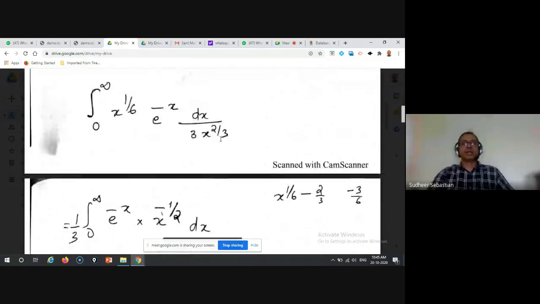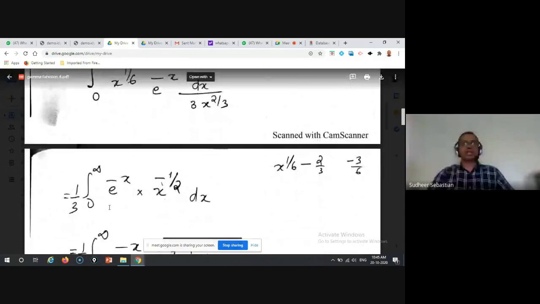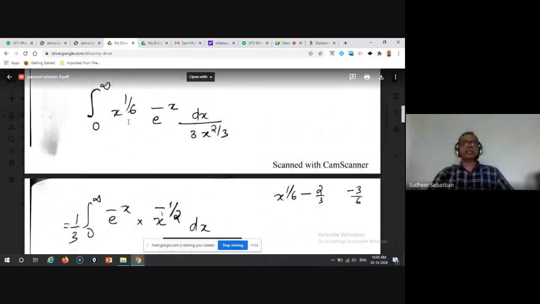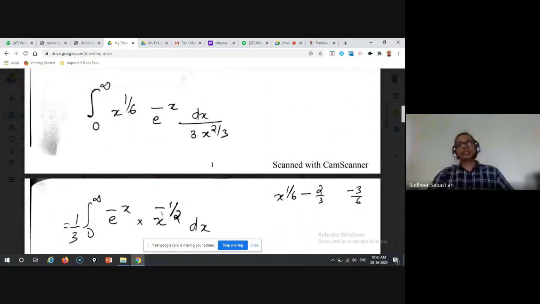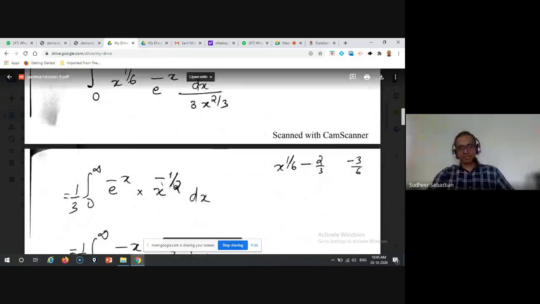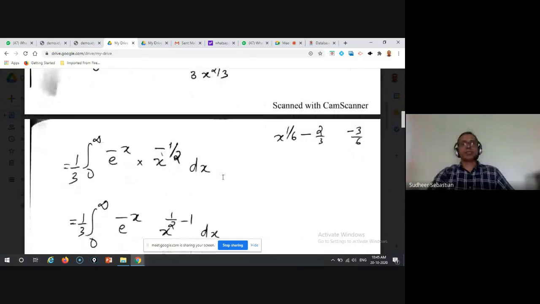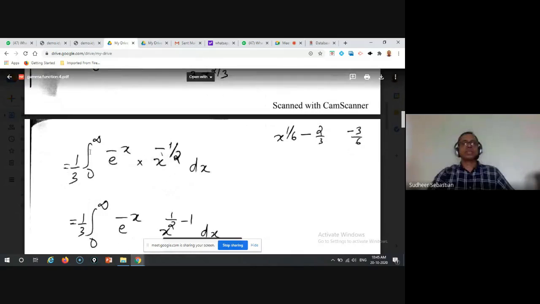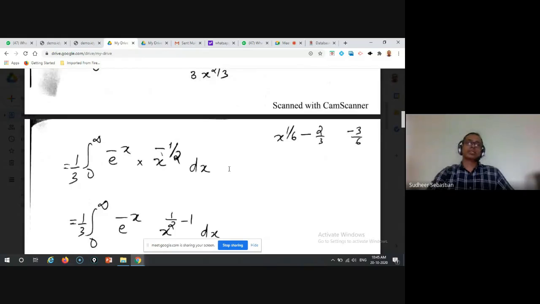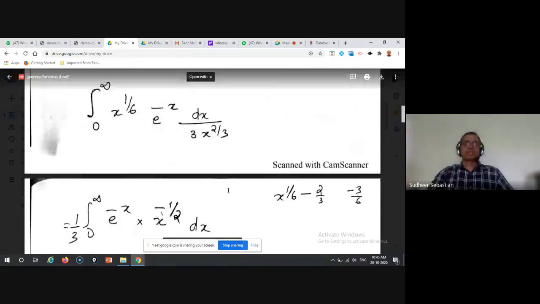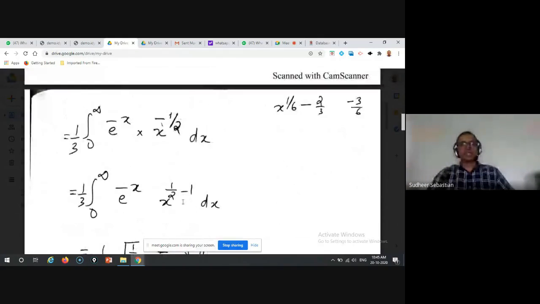Then I will get 1 by 3, integral 0 to infinity, exponential minus x. Here I have x to the power 1 by 6 and x to the power 2 by 3 in the denominator, so x to the power minus half dx. X to the power minus half is written as x to the power half minus 1.